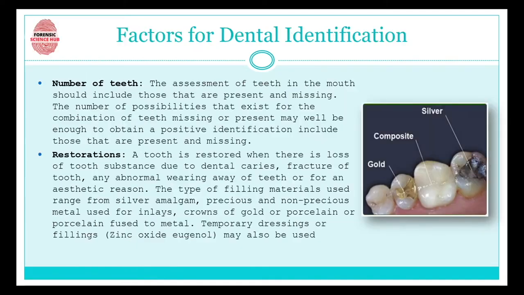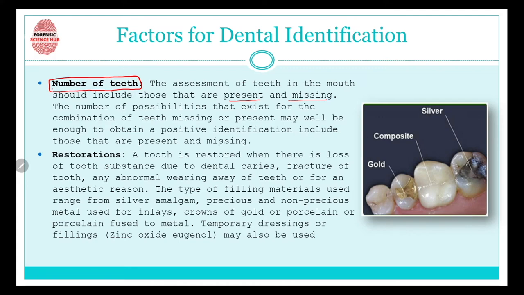Now, there are various factors that can be used for dental identification. The most basic factor that we can use is to count the number of teeth. The assessment of teeth in the mouth should include those that are present and those that are missing. The number of possibilities that exist for the combination of teeth missing or present may well be enough to obtain a positive identification.